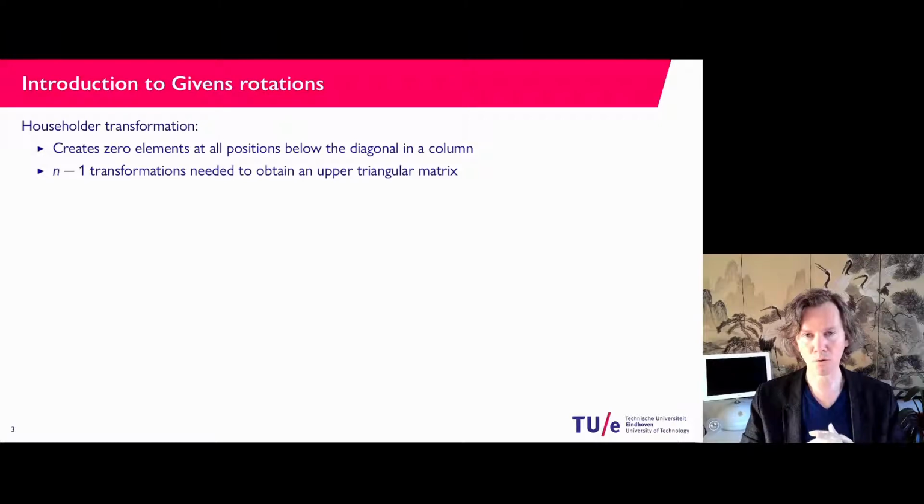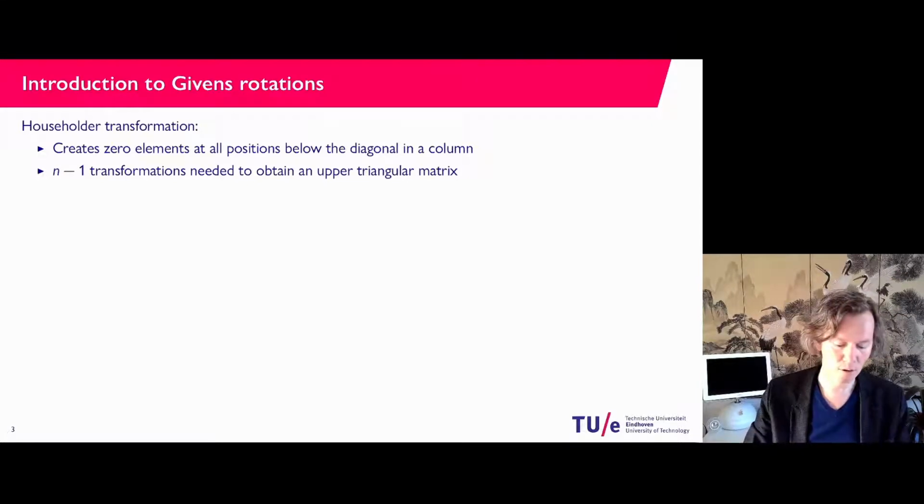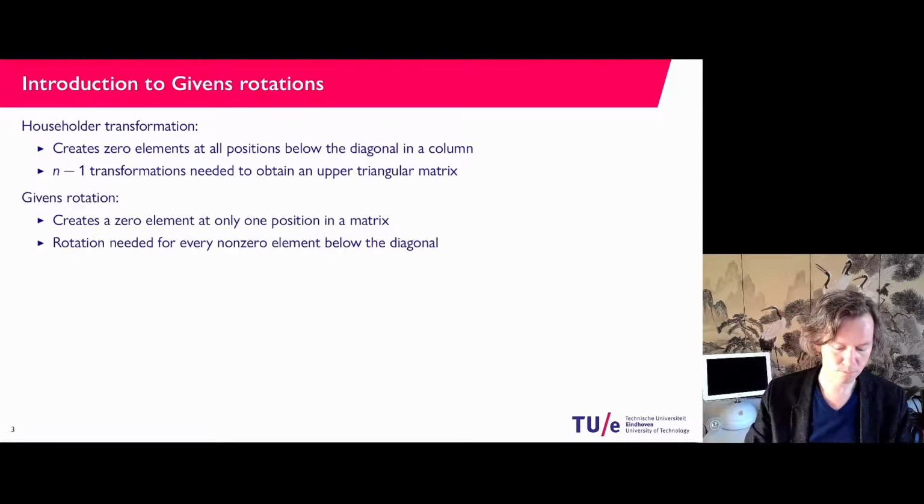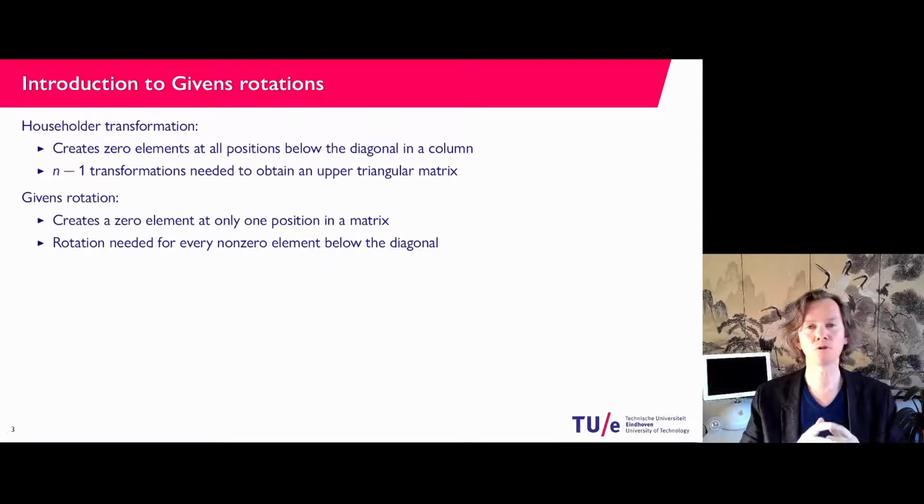So in general, you will have to create zeros in the first n-1 columns of a matrix, and you will need n-1 Householder transformations. Givens rotations require one rotation per element that you would like to be zero.